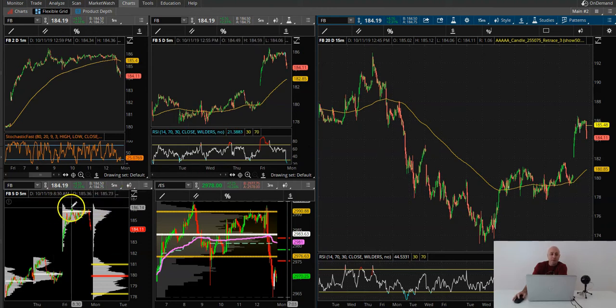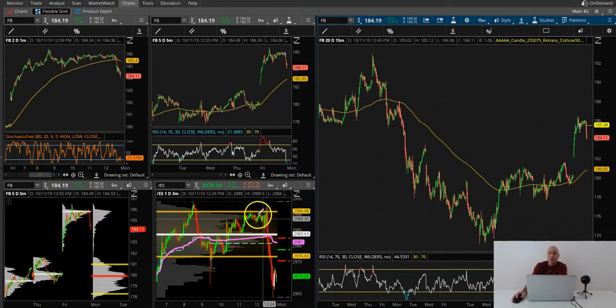This is a 5-day 5-minute regular trading hours market profile, and then just today's market profile chart, meaning it started to form at 6:30, or 9:30 if you're on the East Coast. It just started for today only.